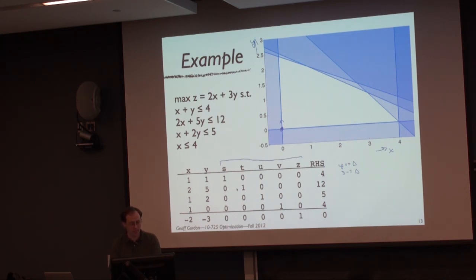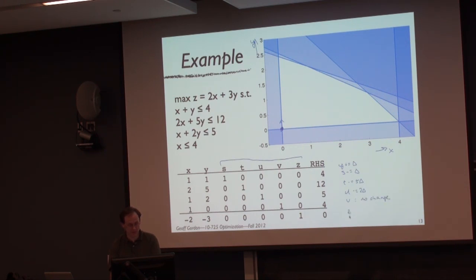Here, if y goes up by delta, then t has to go down by 5 delta. So we have t minus equals 5 delta. And so forth, u minus equals 2 delta. And here, y going up by delta doesn't actually move v at all. So v, no change.